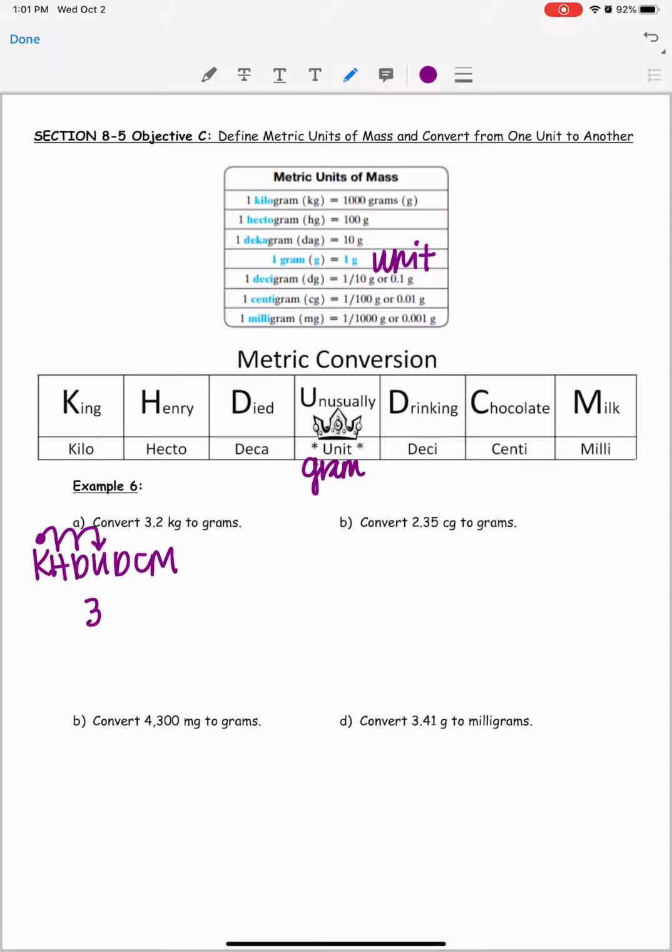So I've got 3.2, and I'm going to move it 1, 2, 3 units over to the right. So this becomes 3,200 grams. Exact same thing as whenever this was meter and whenever this was distance. Okay, same exact thing.